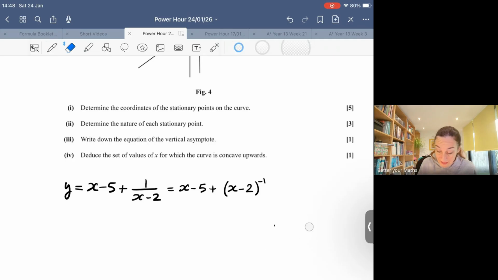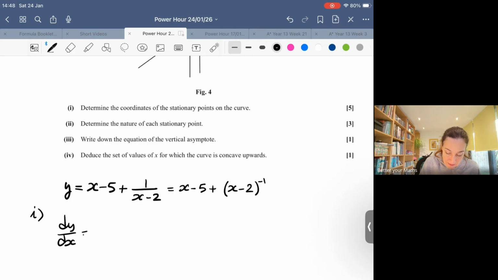So this is similar. dy by dx is going to be derivative of x, chain rule. Yeah, you can use the chain rule. So derivative of x is 1, derivative of minus 5 is 0, and then derivative of this one is going to be minus 1 to the front by the same function to 1 less, and the derivative of this one, which is the chain rule, as Anatrika was saying.